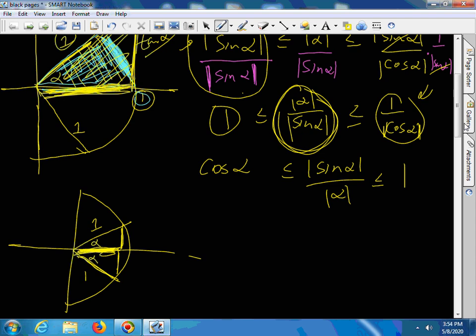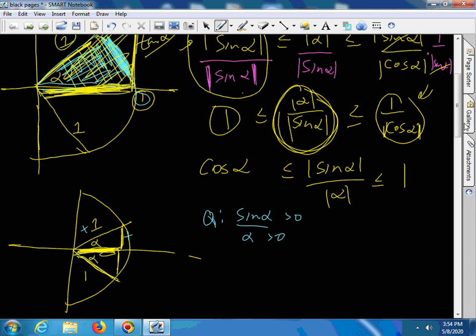Okay, now let's look at the sine. So, in quadrant 1, the sine is the opposite over the hypotenuse. Okay, so in quadrant 1, the sine is positive and the angle is positive. So the whole thing is positive.